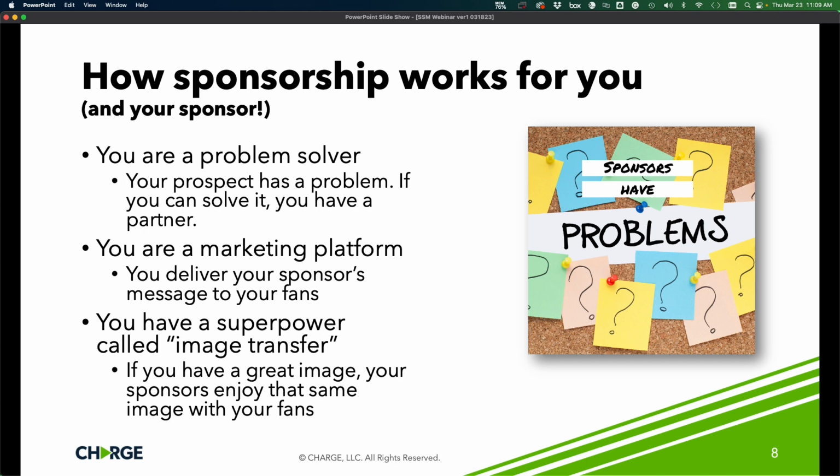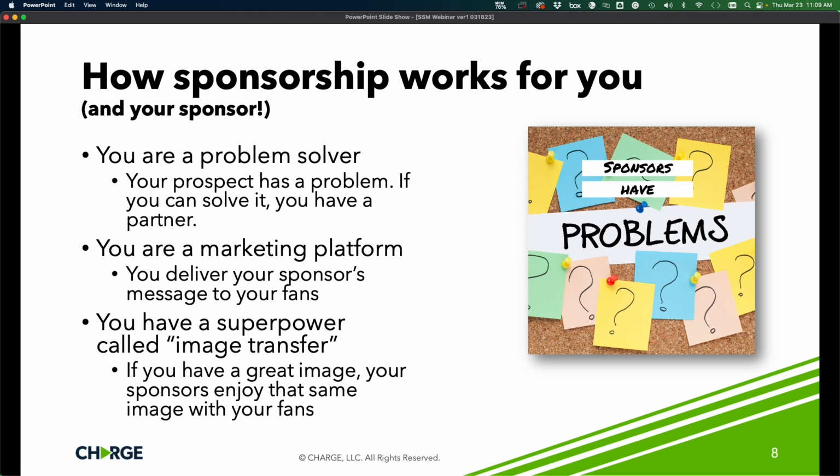The second perspective that I think is really important to make sponsorship work is to think of yourself as a marketing platform. I recently had a conversation with a new friend, Doug Roby, who's the owner of an auto racing team called DDR Motorsports. And it was through this conversation that Doug realized that he's not an auto racing team that's trying to sell sponsorship.